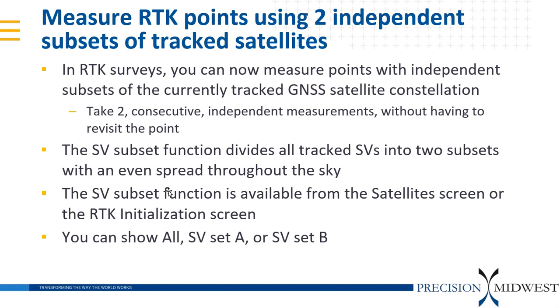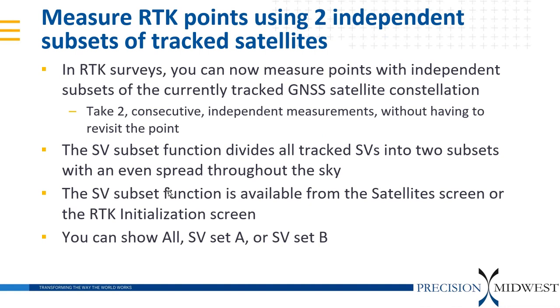And measure RTK points using 2 independent subsets of tracked satellites. In RTK surveys, you can now measure points with independent subsets of the currently tracked GNSS satellite constellations. You can take 2 consecutive independent measurements without having to revisit the point the next day or the next afternoon or whatever.